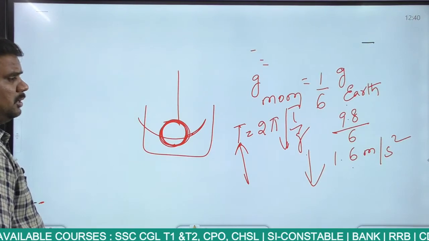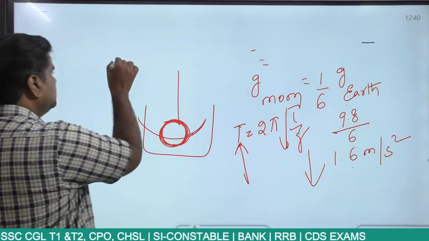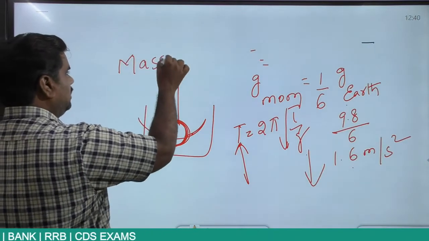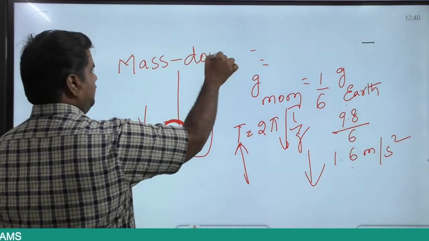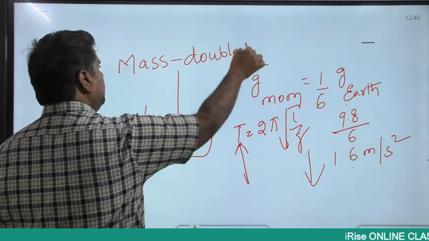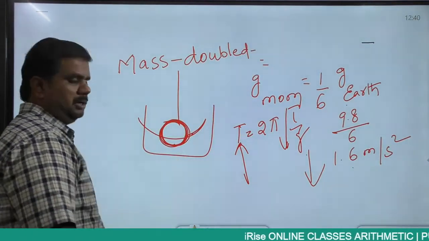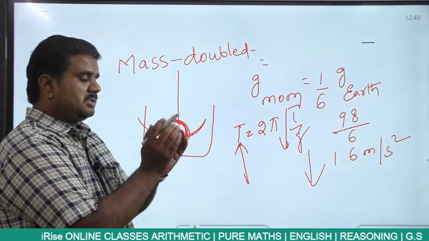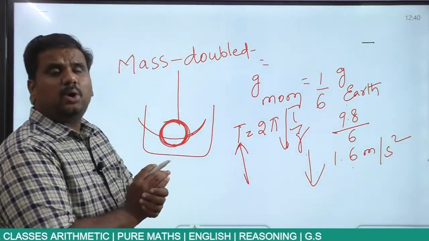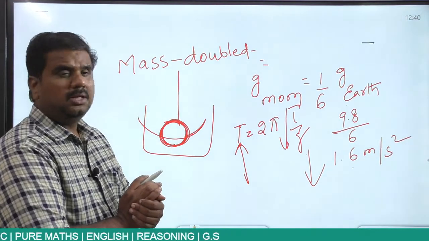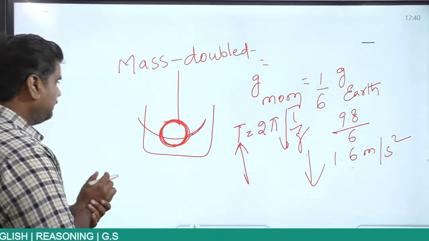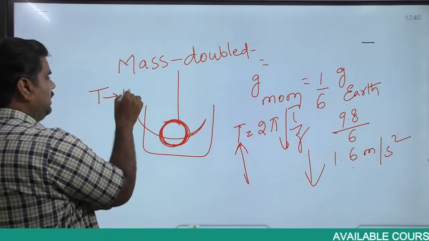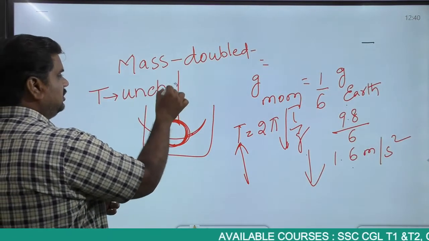At the same time, whenever you're talking about a simple pendulum, suppose the mass of a simple pendulum is doubled, tripled or quadrupled. First we'll talk about doubled. If the mass of a simple pendulum is doubled, say from 100 grams to 200 grams, then what happens to time period? The time period of a simple pendulum will remain unchanged.